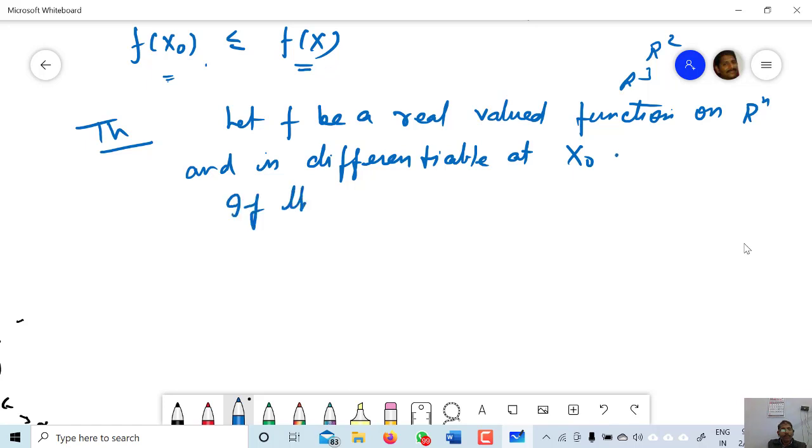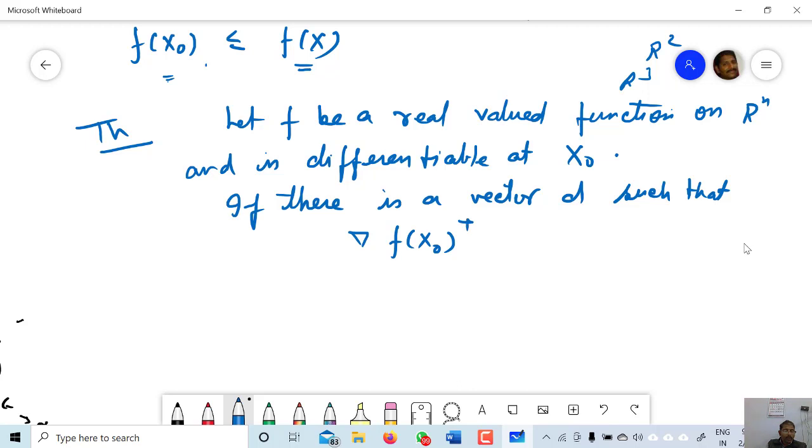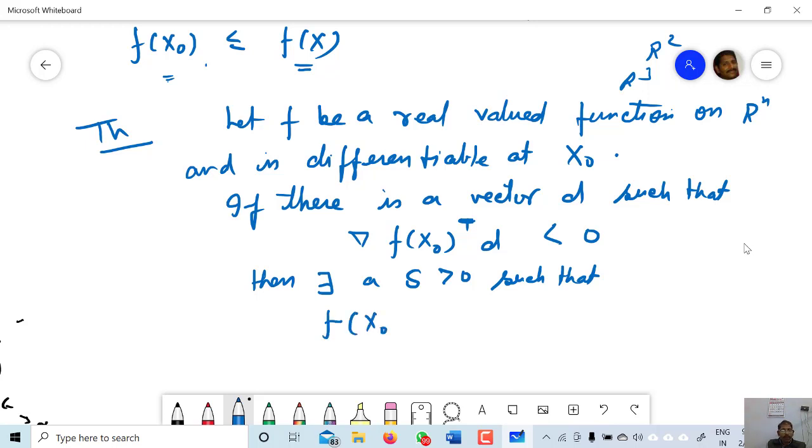Again, it is saying that if there is a vector d such that the gradient of f(x0) transpose multiplied by that vector d is less than 0, that means it is negative, then there exists a delta greater than 0 such that f of x0 plus lambda multiplied by d is less than f of x0 for all lambda belonging to (0, delta).